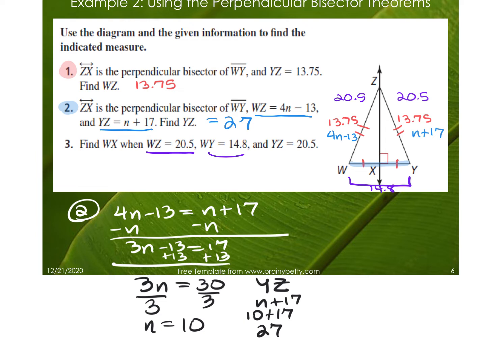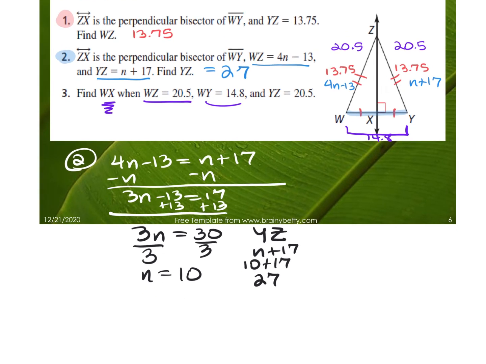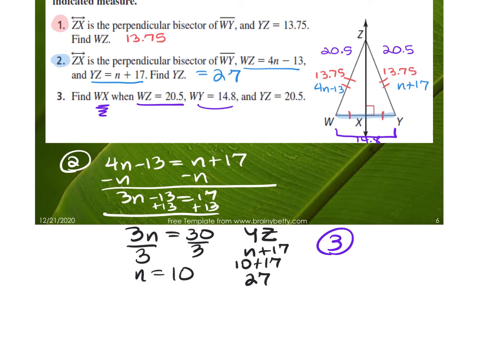So since WZ and YZ are equal, then I know that Z is on that perpendicular bisector, and I can tell that it is a perpendicular bisector. So to find the length of WX, I'm going to take the length of WY and divide it by 2. So I know for part 3 here that 2 times WX, or WX, sorry, equals 14.8.